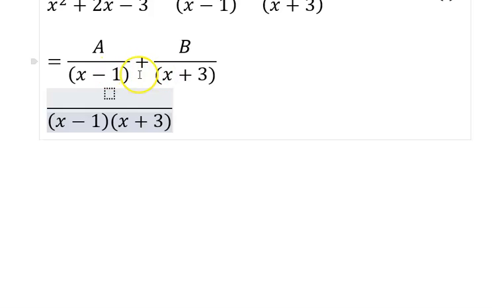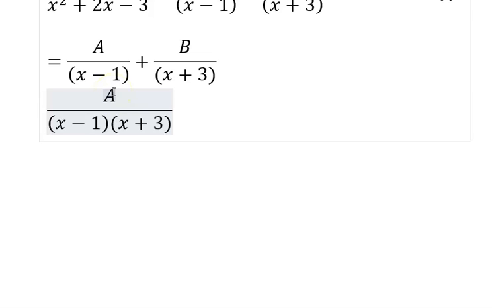That's what we want to work on now. LCM of this and this. So how many times will x minus 1 go in x minus 1, x plus 3? It's just like saying x minus 1 will cancel x minus 1, we'll be left with what? X plus 3. X plus 3 times A. So here we'll have our A into x plus 3. That's beautiful.